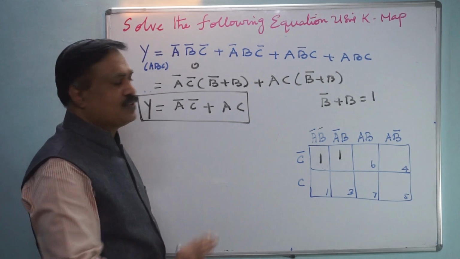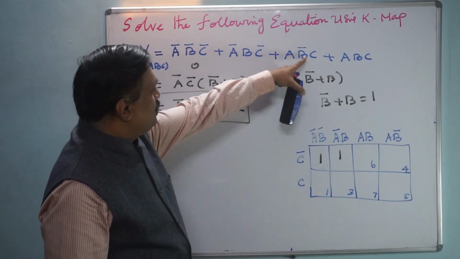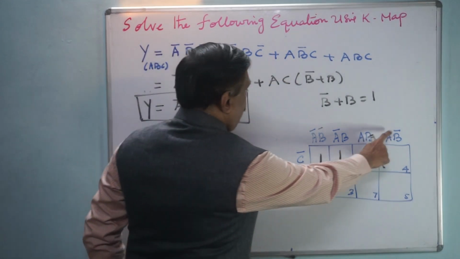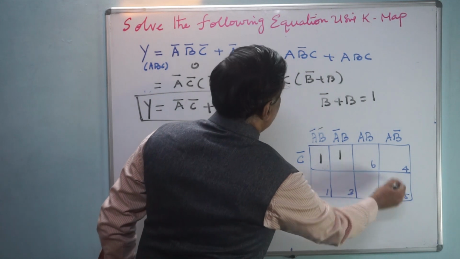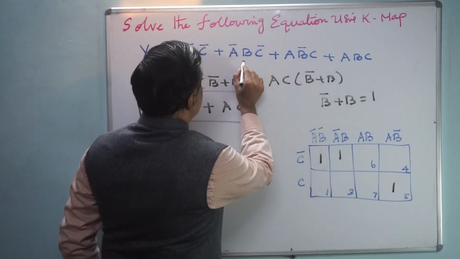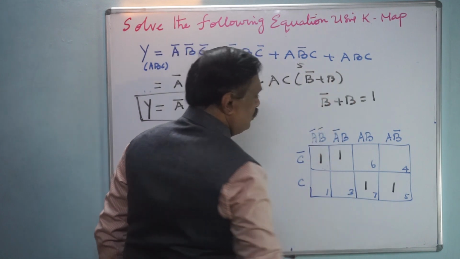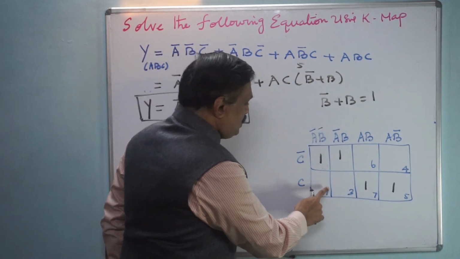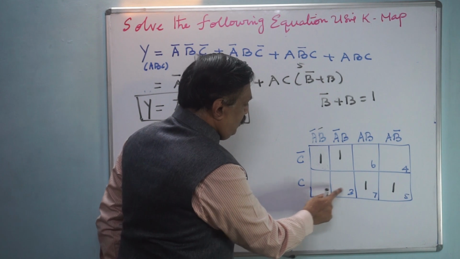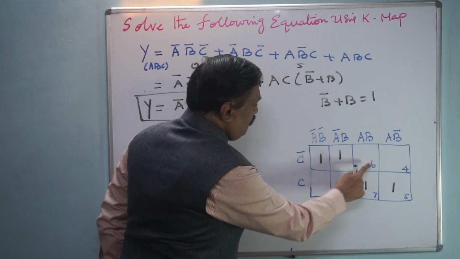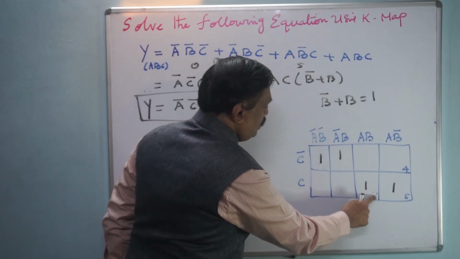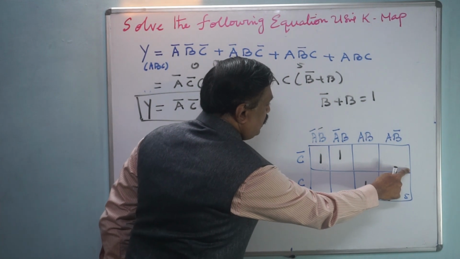This is for helping us. And A, B bar, C, that means this one. That means here this is 2, this is 5 and this is 7. In exam these are not necessary, but to remember, you can fill this. Otherwise these are not necessary.